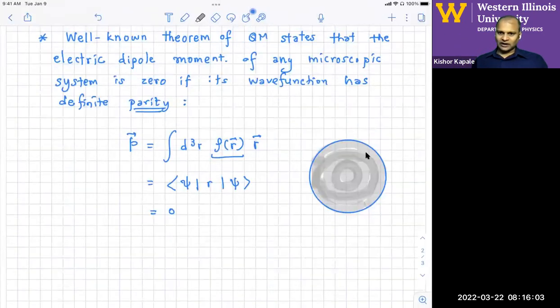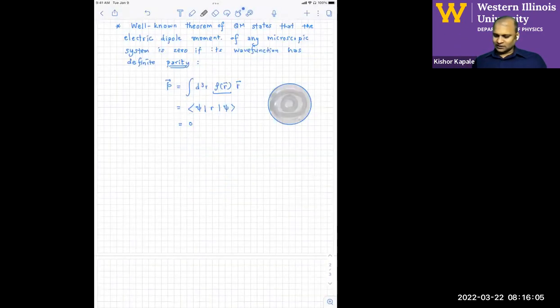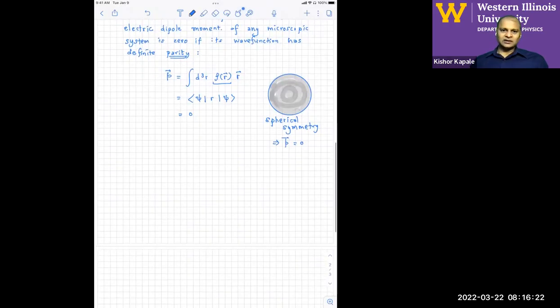It can be radially varying, but as long as it has the spherical symmetry, then the dipole moment for this is going to be zero. Okay, that's what this tells us.